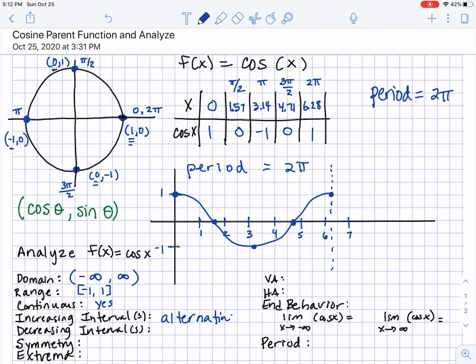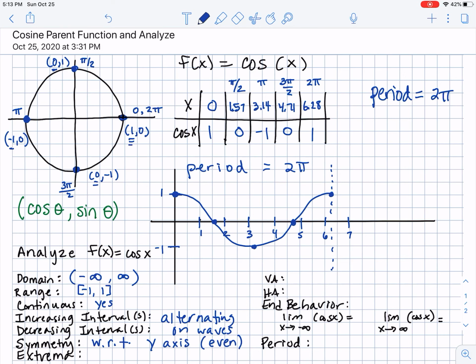So it's going to alternate the increasing and the decreasing. Does it have symmetry? Yes. Well, with respect to the y-axis. If it's symmetric with respect to the y-axis, that means it's going to be an even function.